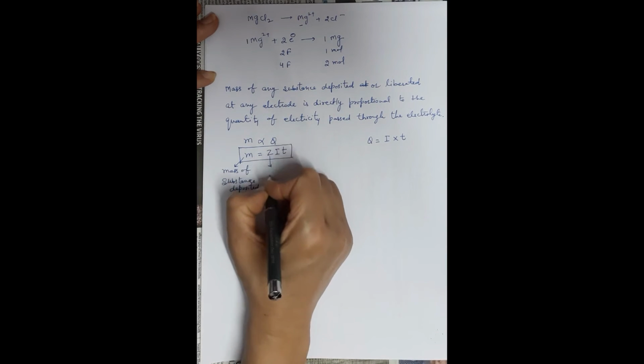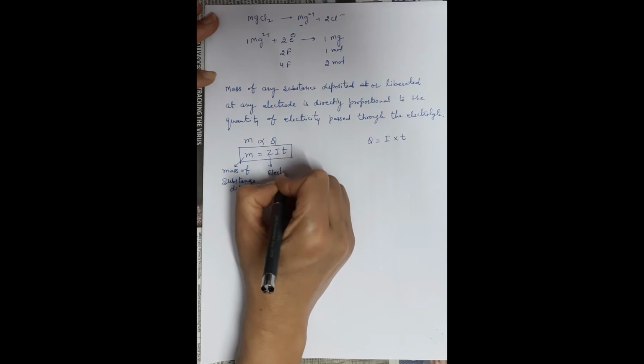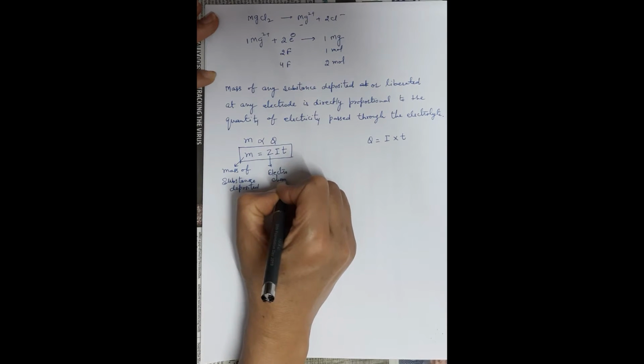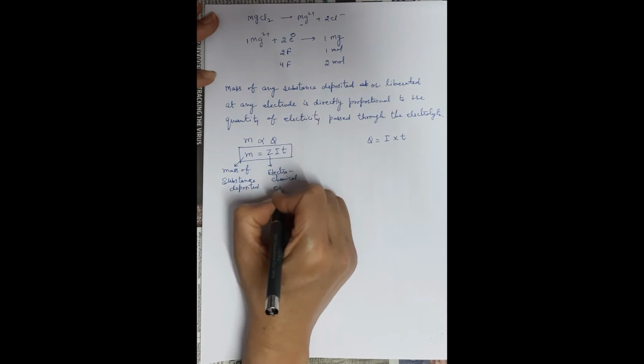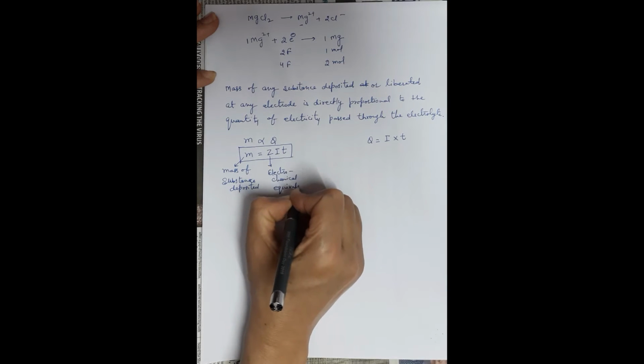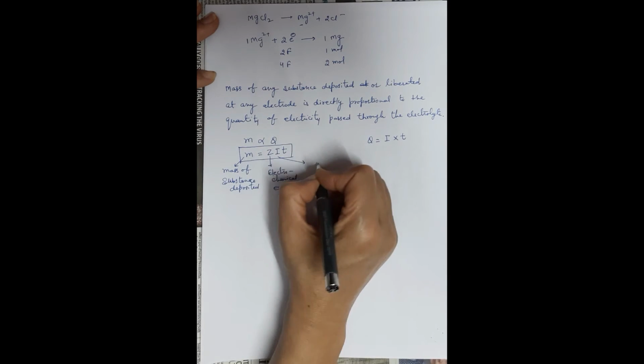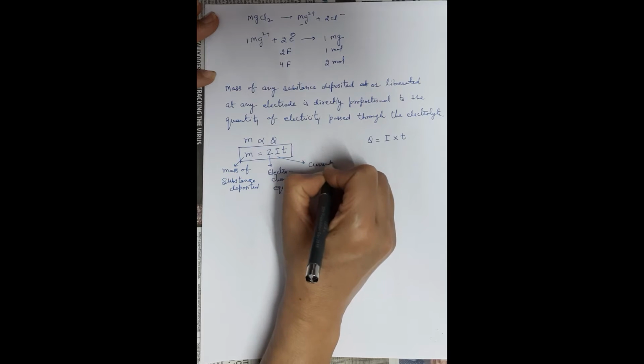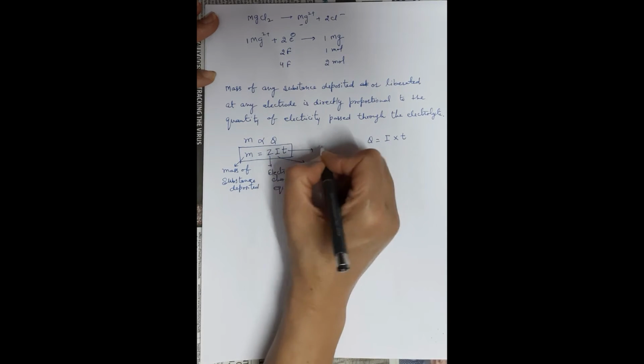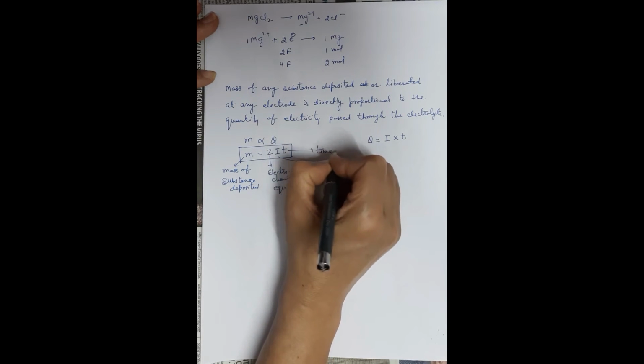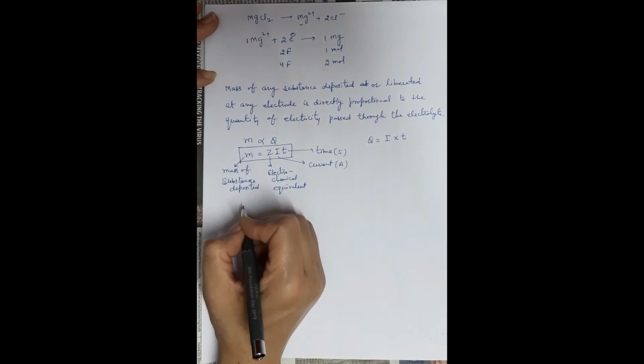Z is the electrochemical equivalent. I'll tell you how to define this. I is the current, which is expressed in ampere. T is the time, which is expressed in seconds.